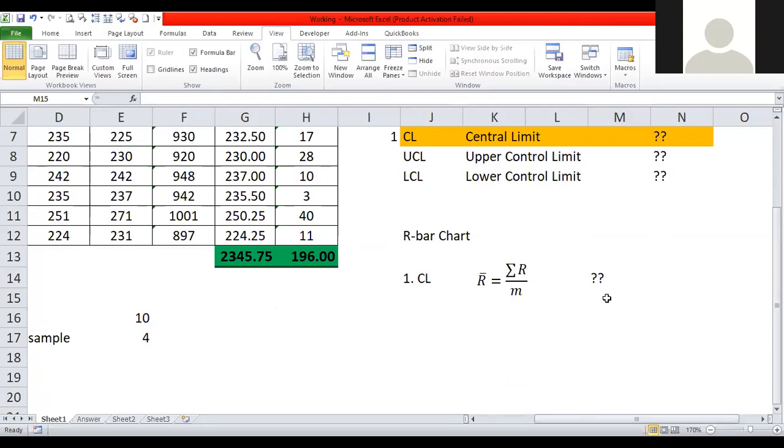Right, exactly. Your answers are correct. So this is equal to sigma R. We have found out, right? This is sigma R, the total of range. So that is 196.